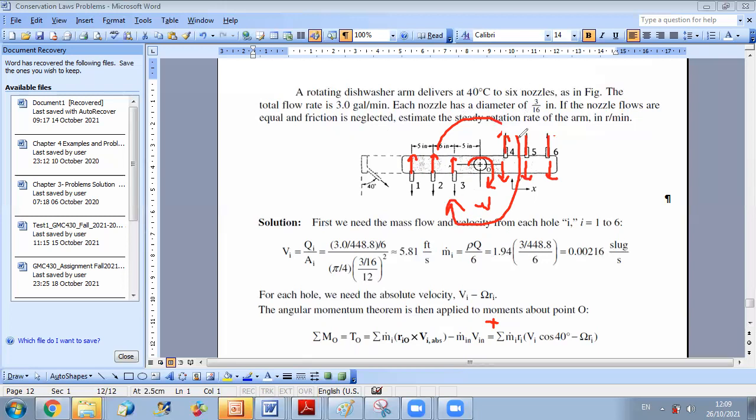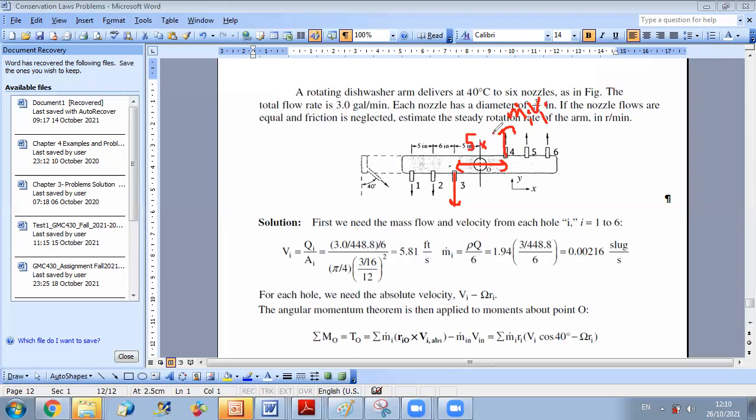If you look here, I have couples, because due to symmetry these two fluxes are equidistant from O, so they will create a couple. So the total moment will be equal to m dot i Vi times, first, this distance, which is 5 times 2.